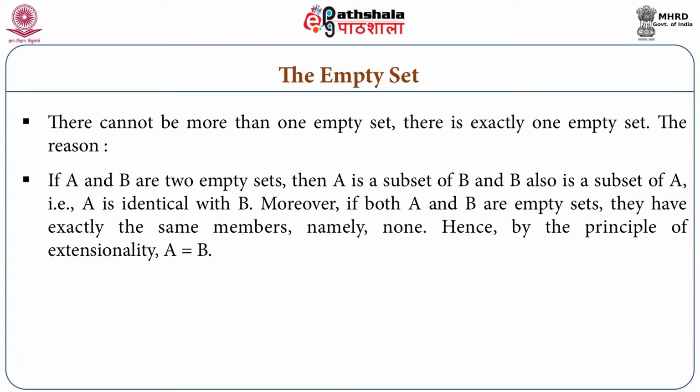Now we change the relation. Can B be a subset of A? Now we know that B is also empty, so by definition B is a subset of A. Now, our definition of identity of sets, or principle of extensionality, says that if two sets A and B are subsets of each other, they are equal. Then I can show that A is identical with B.